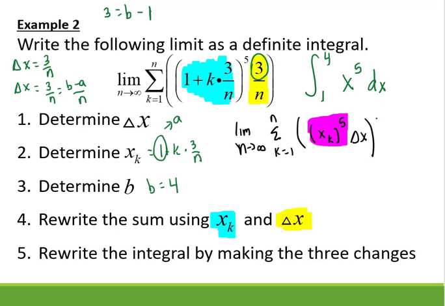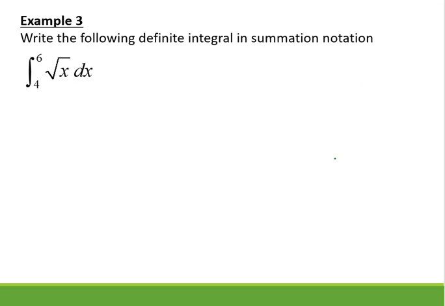Now let's go the other way. Now let's write the following integral in summation notation. So I have to do the limit as n goes to infinity of a summation.